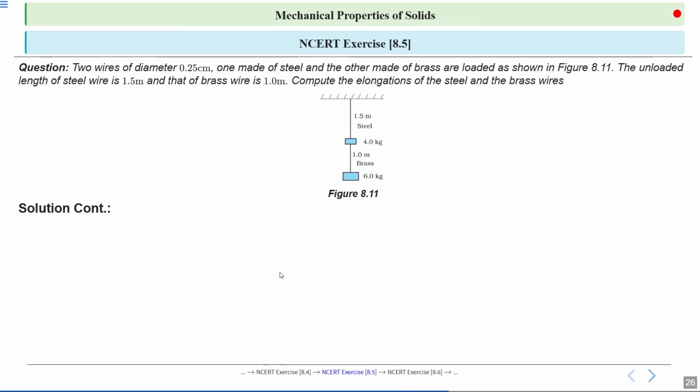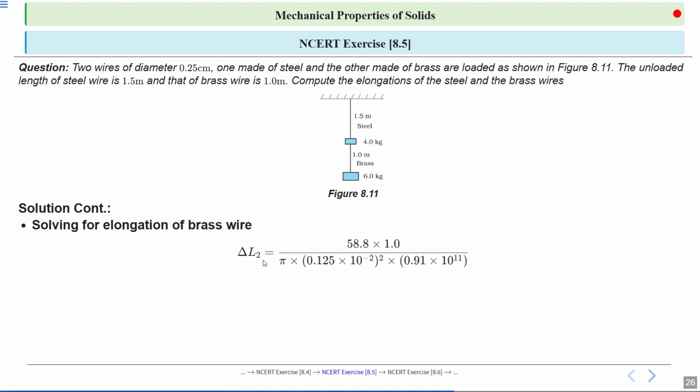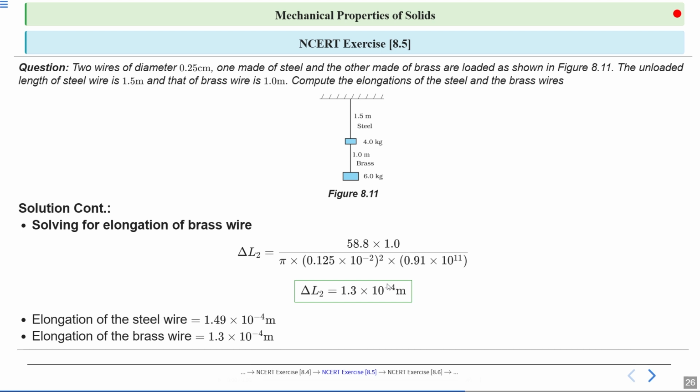Now solving for elongation of the brass wire, you will get delta L2 equal to 1.3 into 10 raised to power minus 4 meter. Elongation of the steel wire is 1.49 into 10 raised to power minus 4 meter, and elongation of the brass wire is 1.3 into 10 raised to power minus 4 meter.